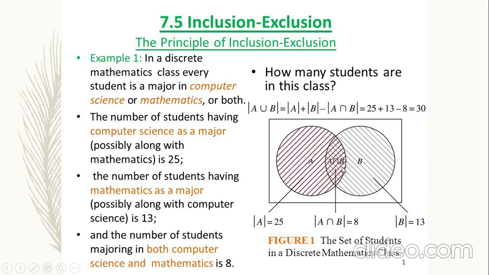So to get the answer, you have here 25 plus 13, that is equal to 38 minus 8, that is equal to 30. So therefore, there are 30 students in this class. Okay.